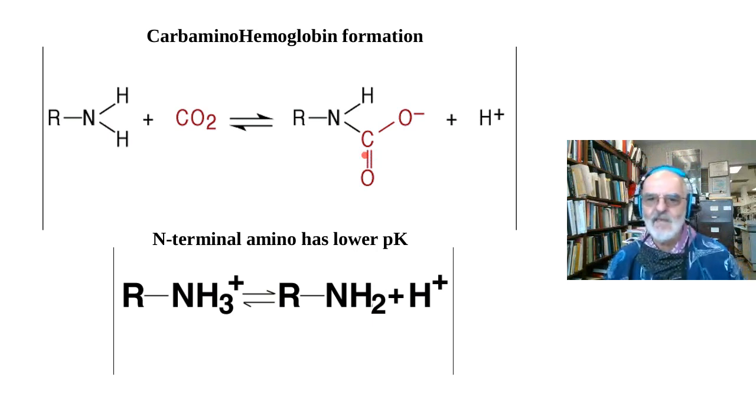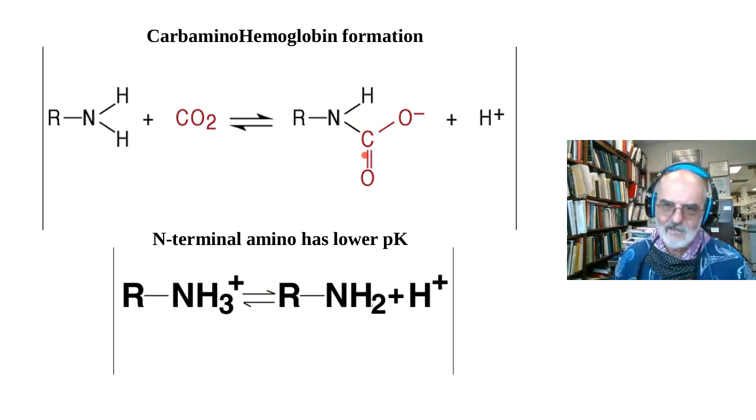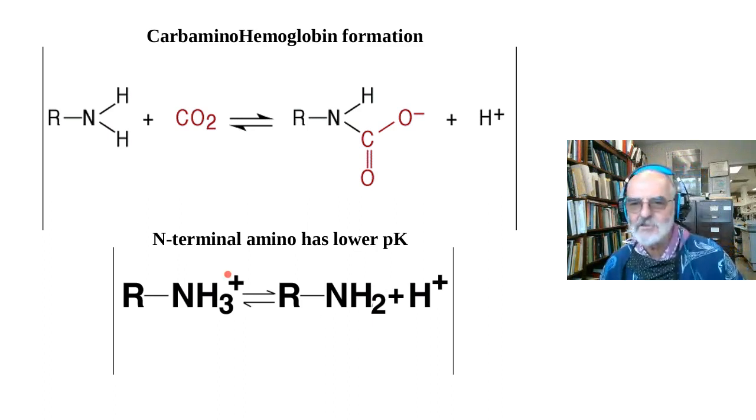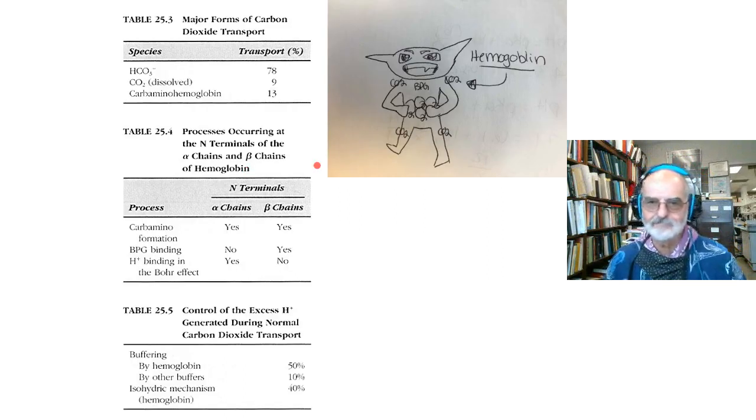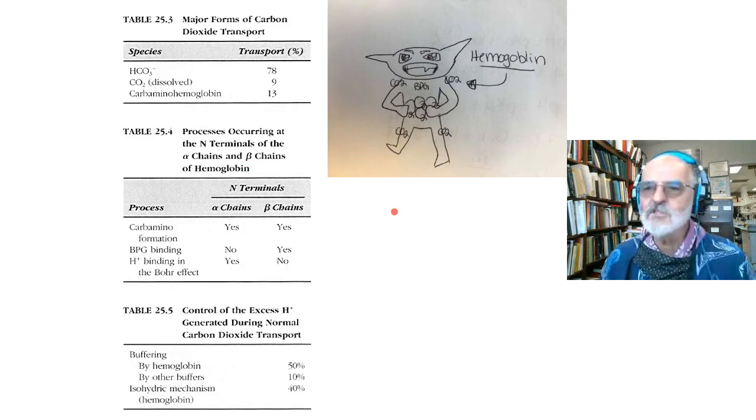The N-terminus has a different pK. In a protein sequence, the N-terminus has a slightly lower pK, and that causes the proton to bind to the N-terminus. So part of the protonation involves protonating the N-terminus of the 4 chains. Okay, so this is summarized here.